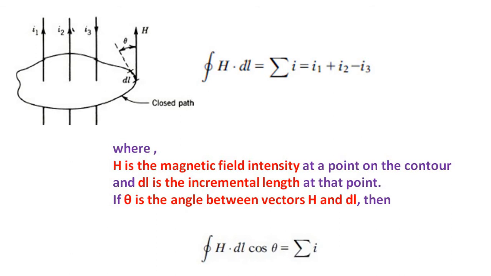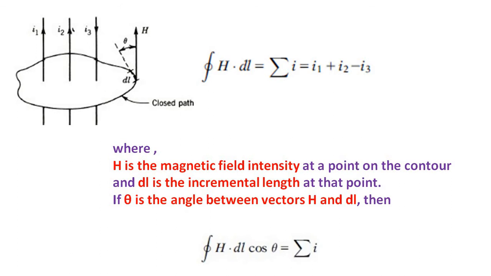It is represented by closed integral H dl equals sigma I, the total current, equal to I1 plus I2 minus I3, where H is the magnetic field intensity at a point on the contour and dl is the incremental length at the point.